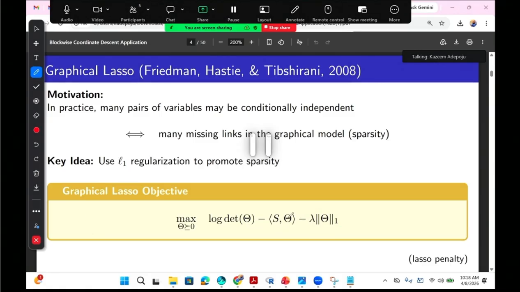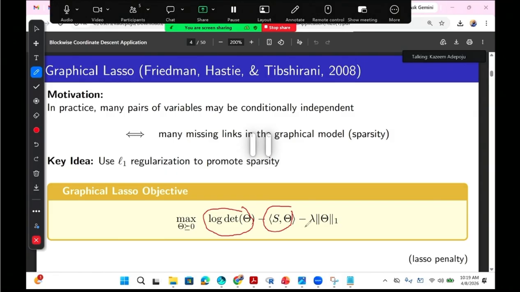If I want to know how the model fits the data, the trace of that is going to tell me. If I want to know stability, then the log determinant of the precision matrix is going to tell me.